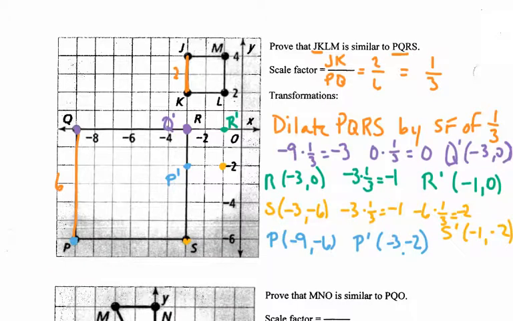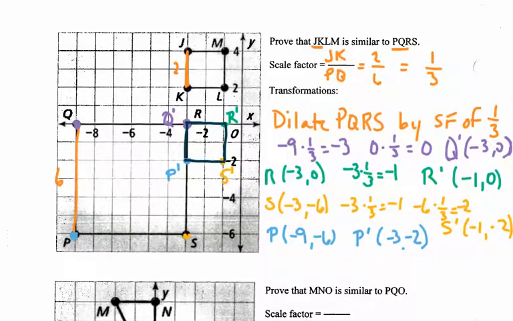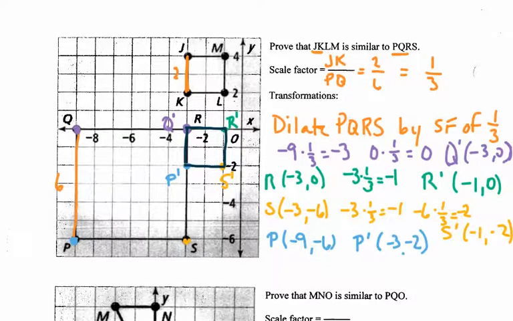Okay, so we have this new figure here, and I need to get P to map onto J. So P, which is right here, has to map onto J. So that means I have to flip it.